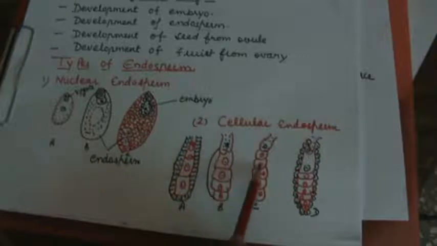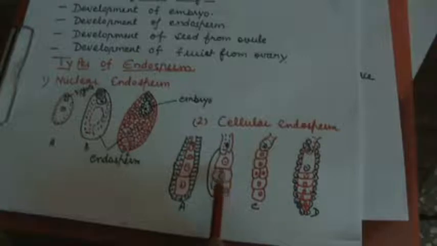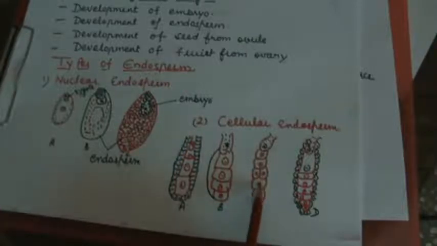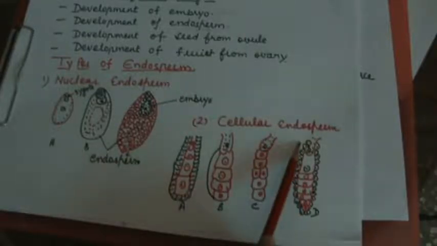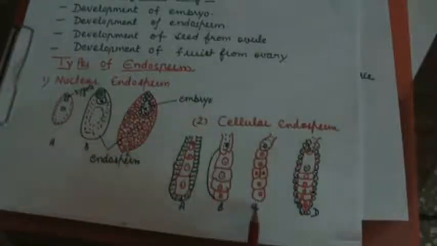Subsequent nuclear divisions and wall formation result in the formation of cellular type of endosperm. This is the final picture of cellular endosperm. This cellular endosperm is found in petunia, datura and balsam.